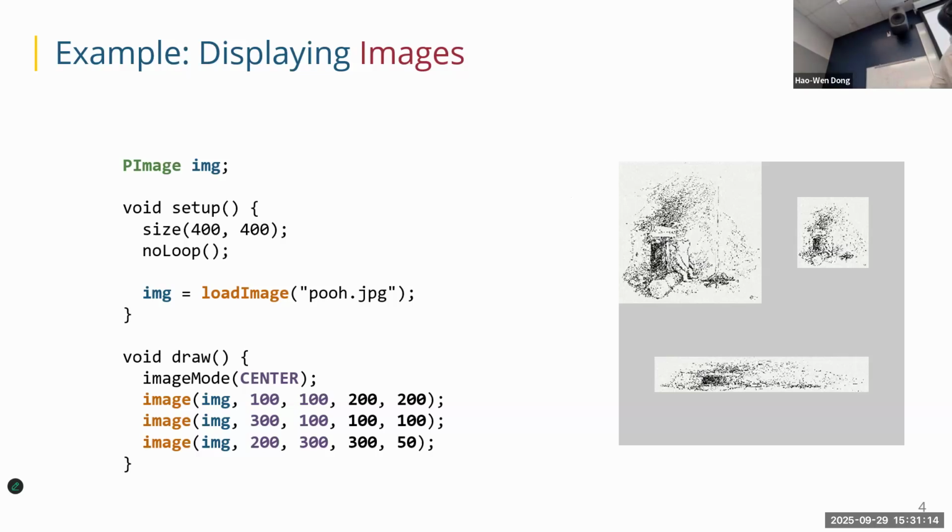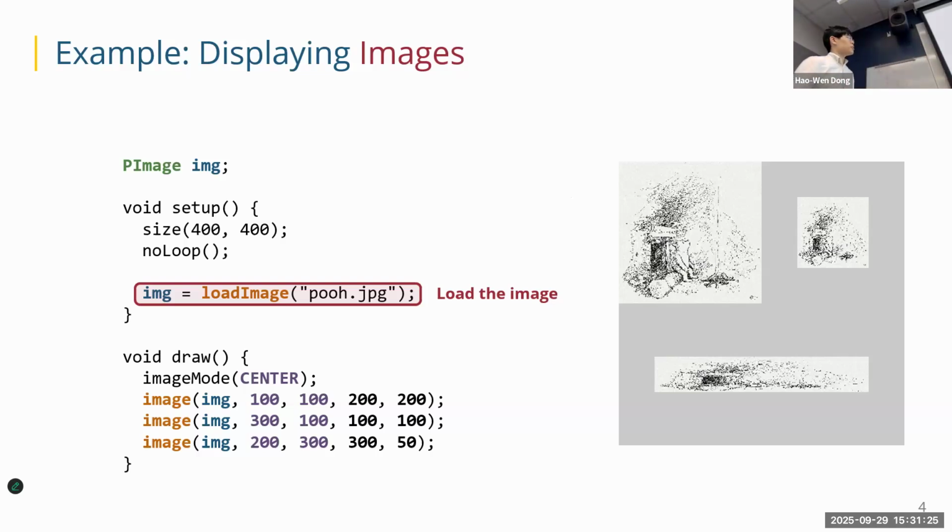So we'll see. This is the first example. What we can do is load an image, in this case loadImage of the JPEG. Now you have loaded the image, and you can pretty much treat an image as a rectangle. Previously we were talking about how you can draw a rectangle.